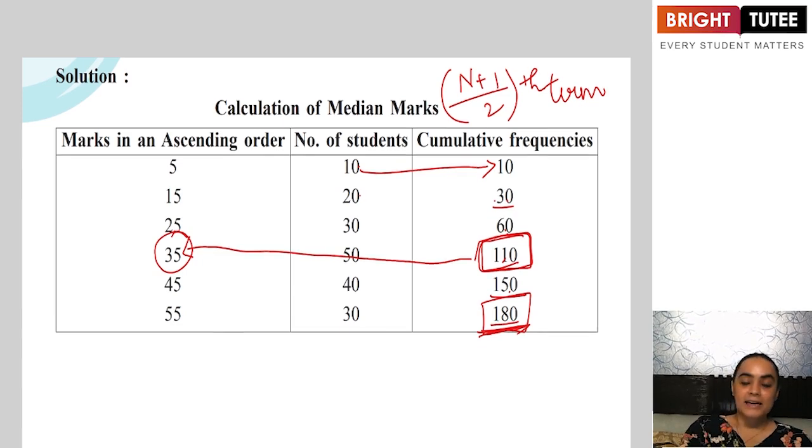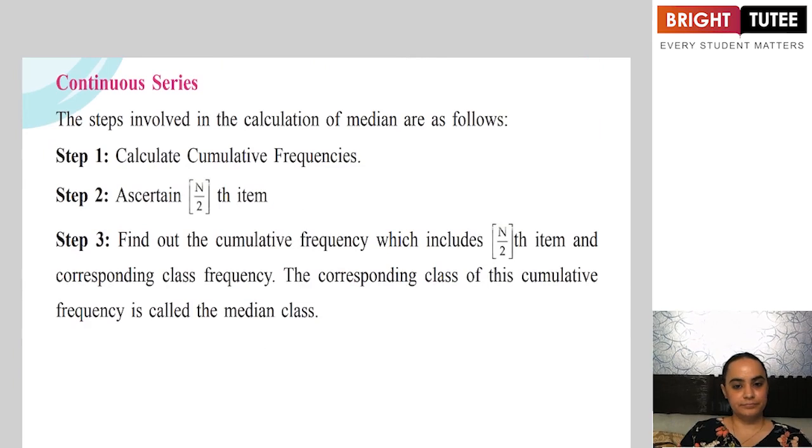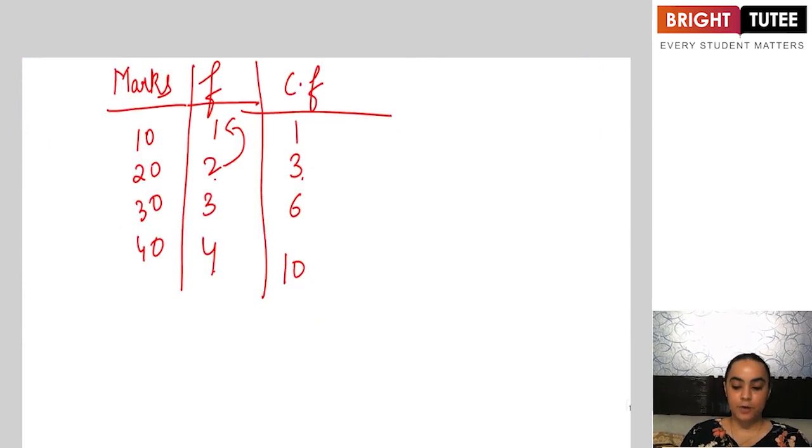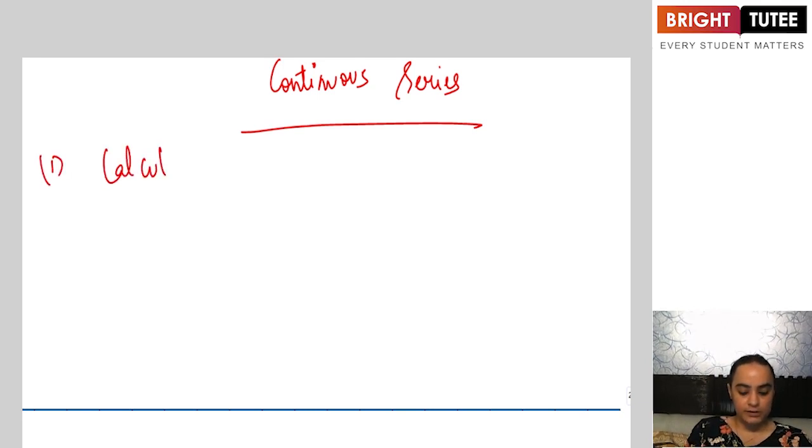Okay. Now comes your continuous series. Now the continuous series, we have to apply the formula. Now in the continuous series also, I will first have to calculate the cumulative frequency.